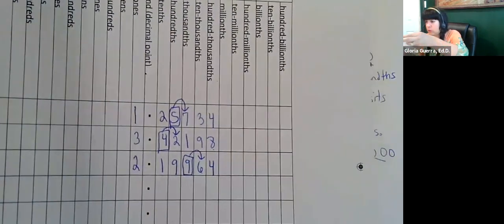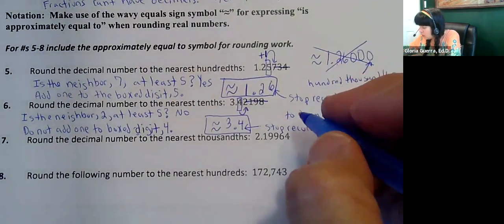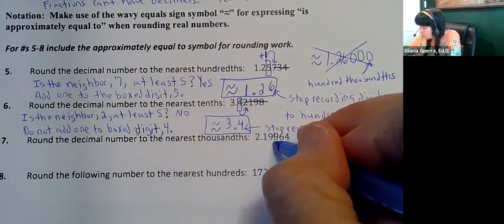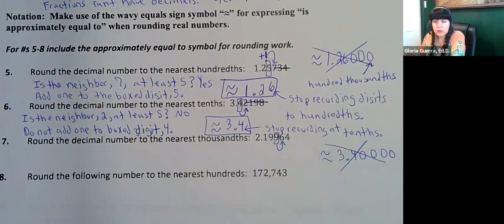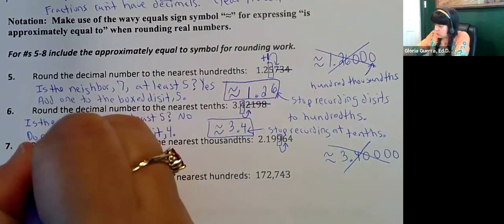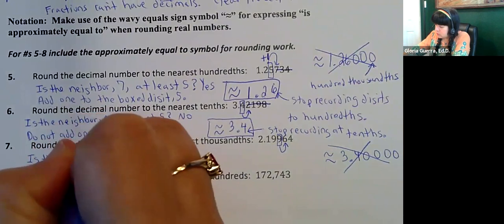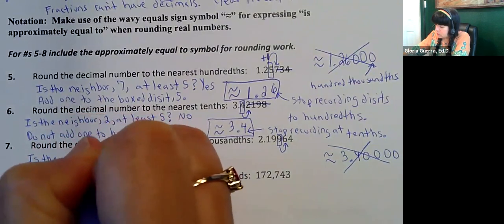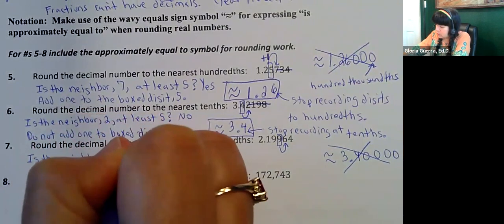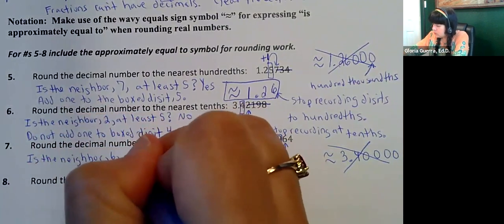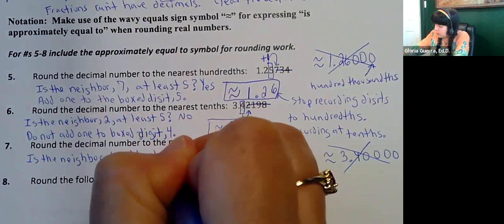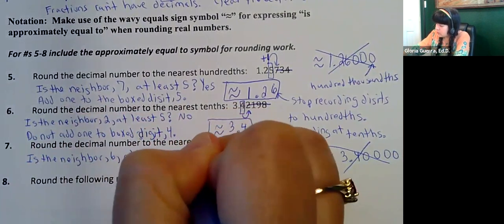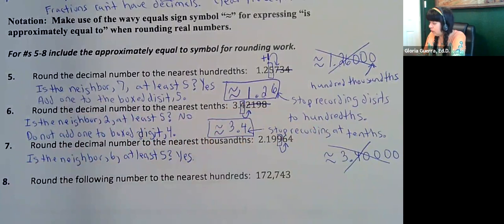So I'm going to box that 9, and draw an arrow to that 6. The question is, is the neighbor 6 at least 5? And you would say yes, 6 is at least 5.